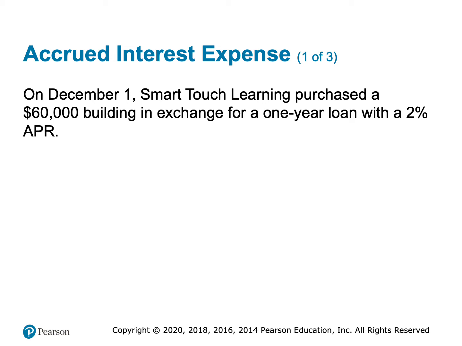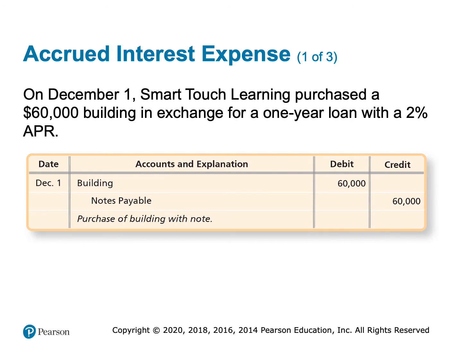Back in chapter 2, when we did this entry originally, we debited building because it's an asset, and we credited note payable to record the liability that I owe on this. So building's an asset with a normal debit balance, note payable is a liability with a normal credit balance. So I've increased both my building and my debt to show that I owe this.